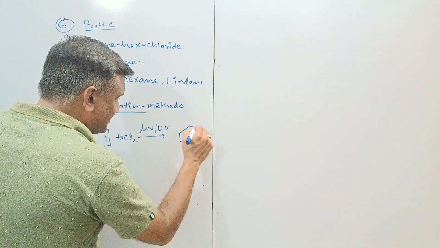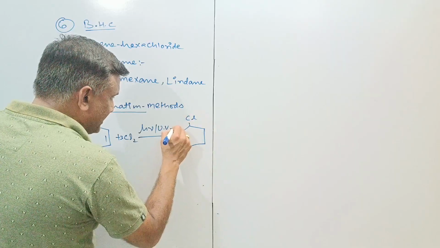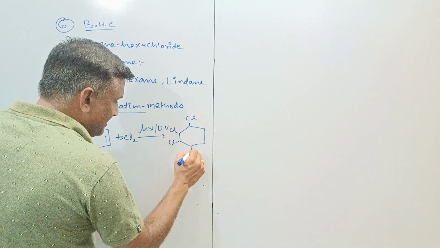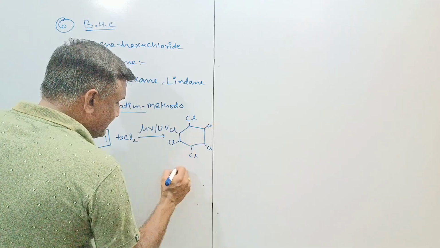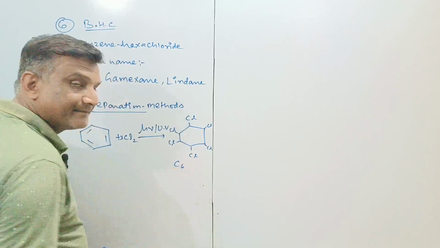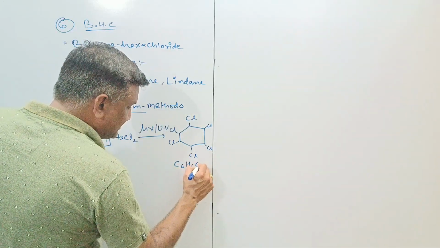So this will be the structure with Cl, Cl, Cl, Cl, Cl, Cl. Here are the 6 carbons, the 6 hydrogens of the benzene, and here are the 6 Cl.